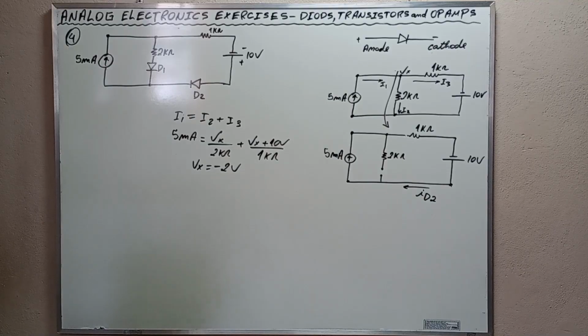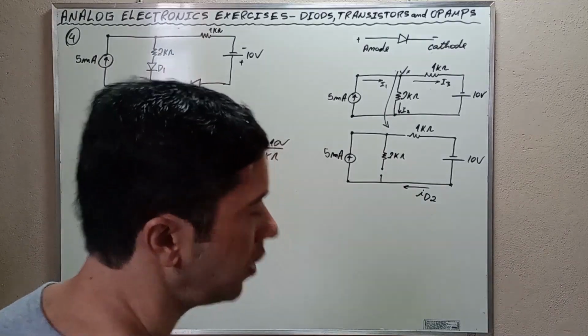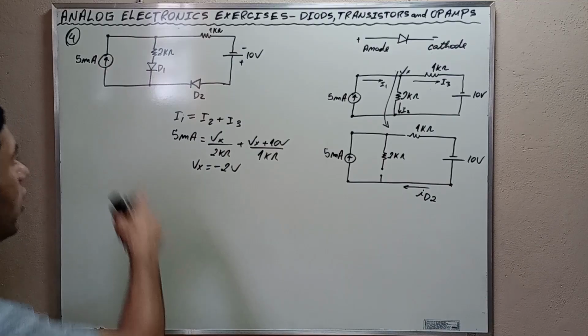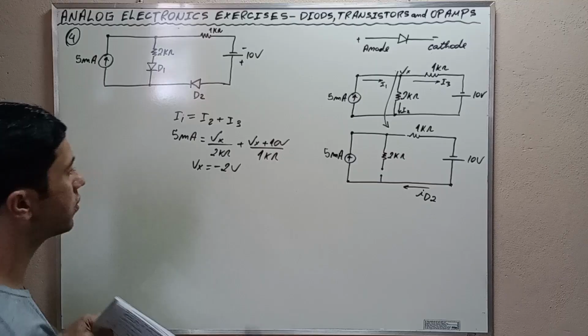D1 is off. Alright? And now let's work with another assumption, okay? This assumption here is not valid because we discovered that they cannot both at the same time be conducting, because D1 is not conducting.